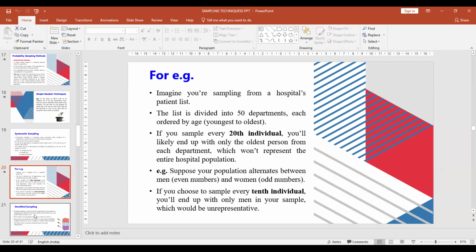So you can understand from these examples what systematic sampling is. In systematic sampling, we take every 10th, or 20th, or 30th, with a gap of 10, 10, 10.